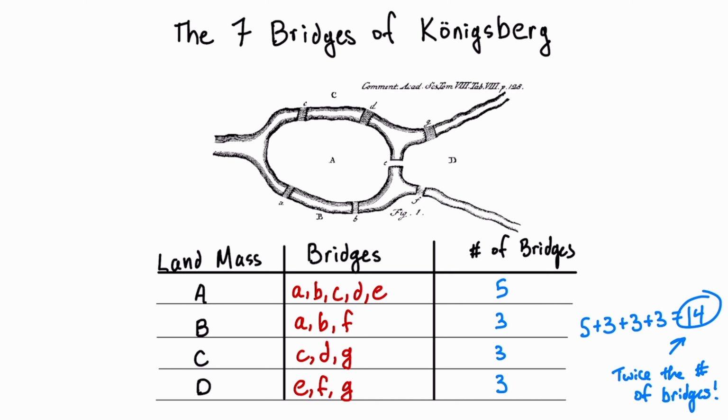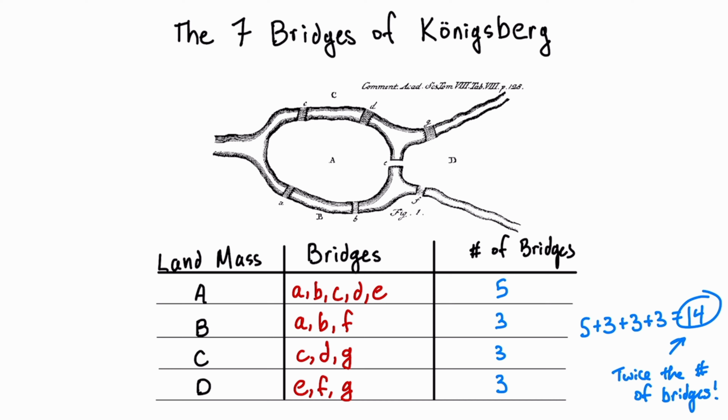Euler gave a pretty clear explanation of why. If you look at the list of bridges in the table associated with each landmass, you'll notice that each bridge appears exactly twice. For example, bridge a appears in the row for landmass A and landmass B. Bridge b also appears in the row for landmass A and landmass B. Bridge c appears in the row for landmass A and landmass C, and so on.